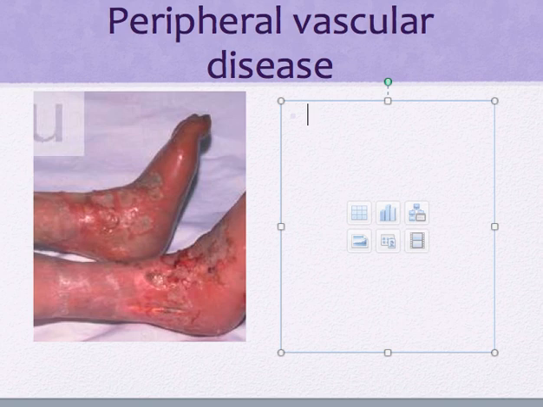Other references talk about maybe using electric stim and gentle massage with precaution, but boy, that would be a pretty rare case, I think. Usually we're not doing a lot of treatment with somebody with peripheral vascular disease as far as modalities.